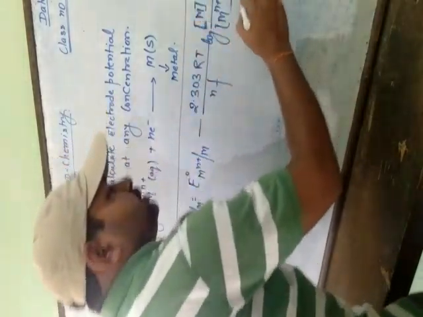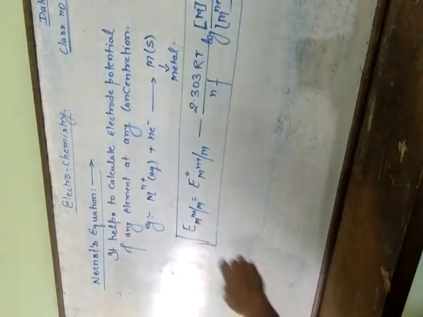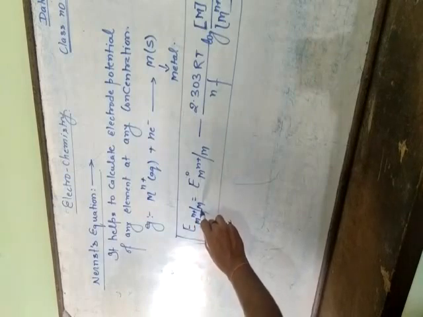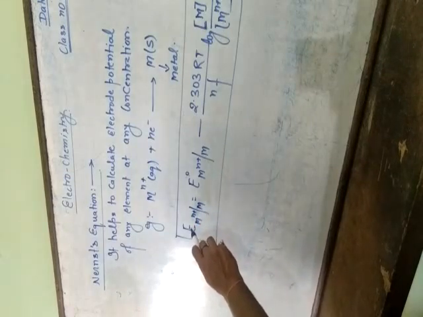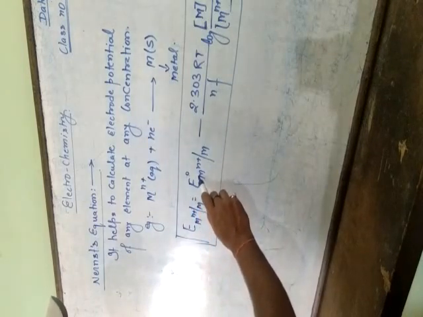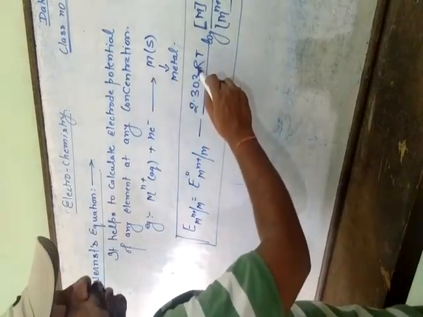Students, this is the Nernst equation, in which E of M n+ / M is the electrode potential at any concentration, and E naught is the standard electrode potential, which means the electrode potential at 1 M concentration.